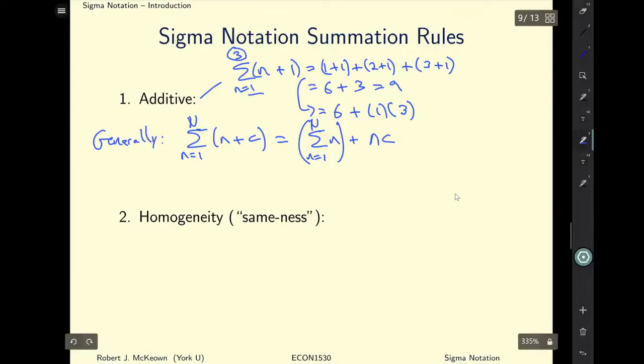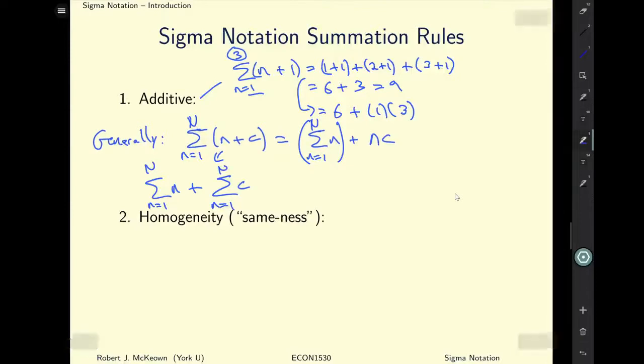I'm going to write this one more time just to show you, make sure that you get it. So we've got the sum of little n equals 1 to big N, and I can separate these two.